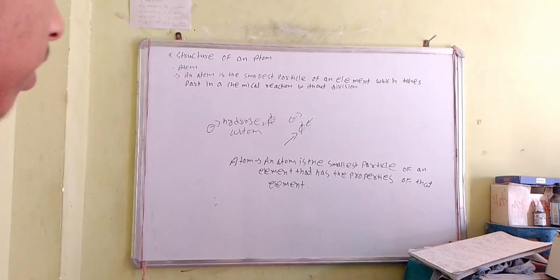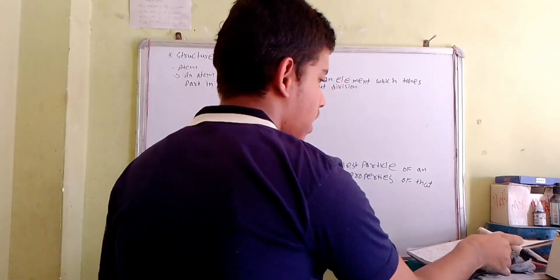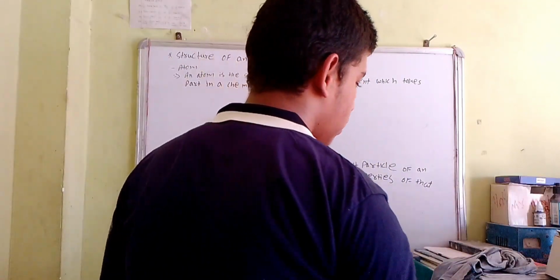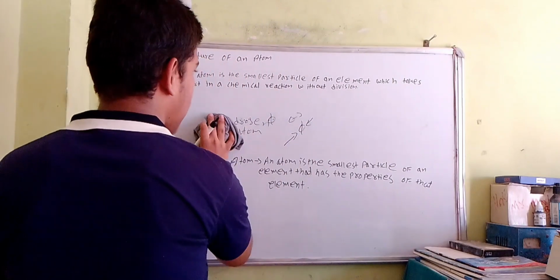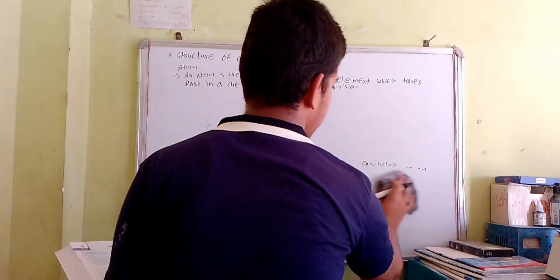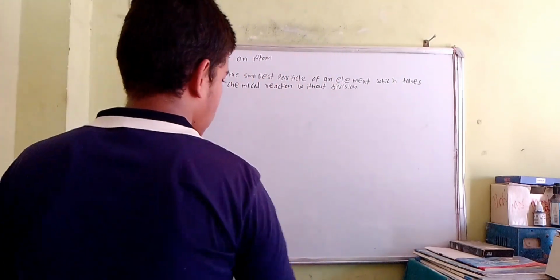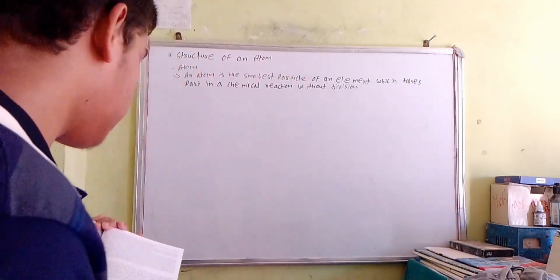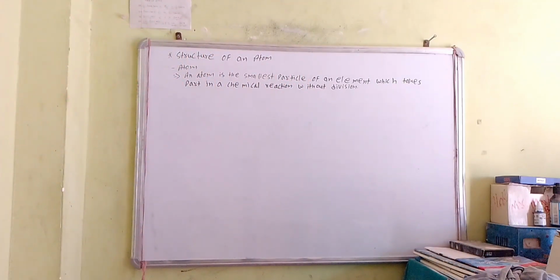And do you know what the shape of an atom is? It is like a sphere. According to scientists, an atom is a sphere with a diameter of approximately 10 to the power minus 10 meters.